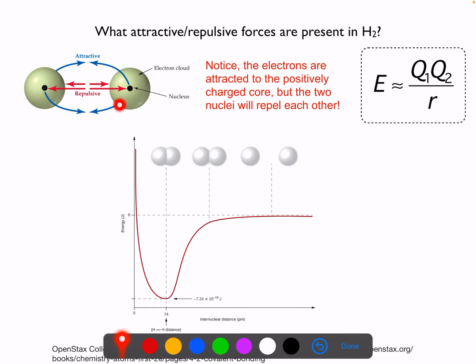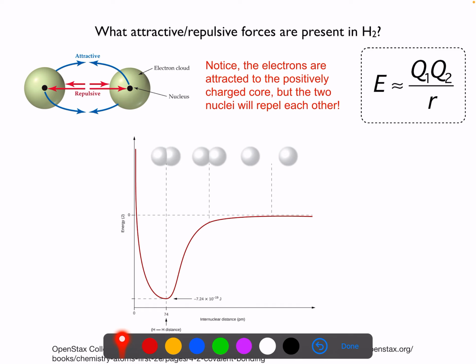The electron from one atom is being attracted to the nucleus of the other. So the formation of a force of attraction is going to release energy. So we have a negative energy, and it's going to go down, down, down as we keep getting closer and closer together until we hit what we call the bottom of this well.